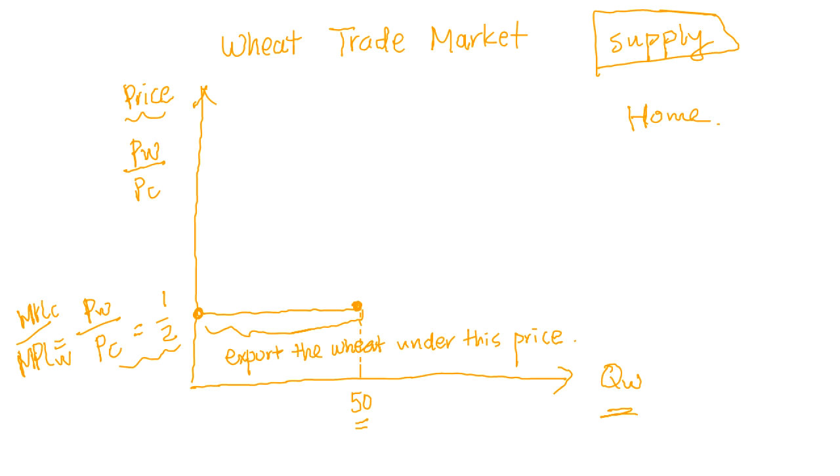But after the maximum level, the consumption level they originally have, the price goes up. In a free trade scenario, it becomes 2/3, and they are going to export 60 bushels of the wheat.